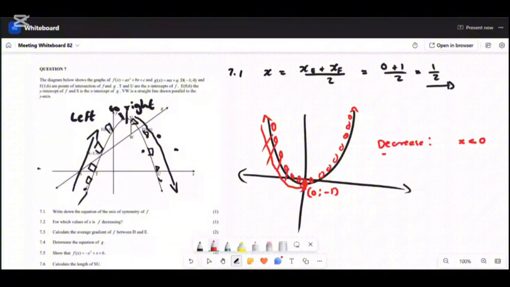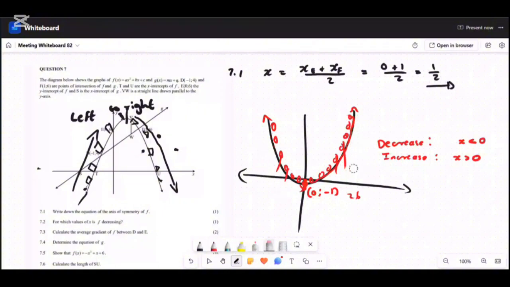Then for increasing, this is where your graph will be in the positive x axis. This way x now is greater than 0. Any value of x that exists on the graph is greater than 0, like 2, 6, and so on. But let's come back to our graph and respond in our graph.